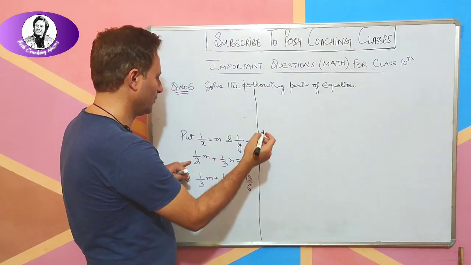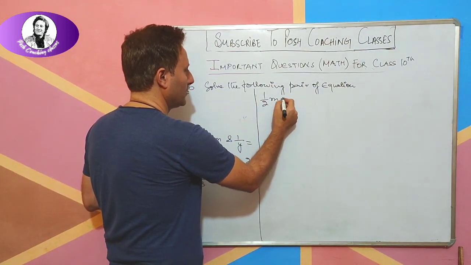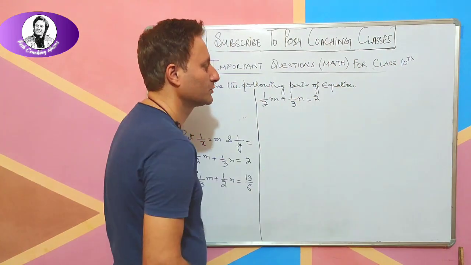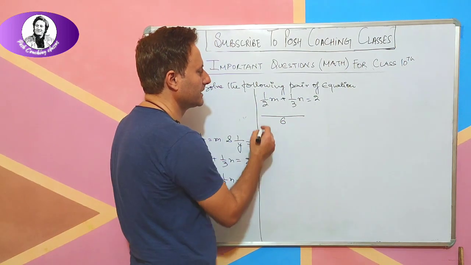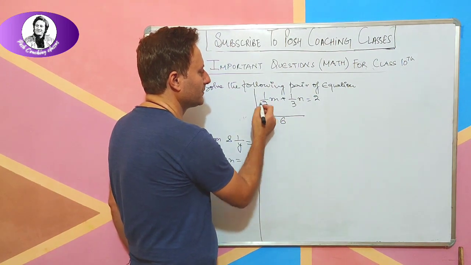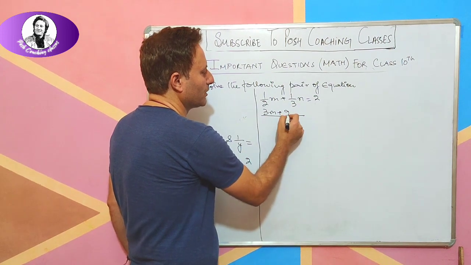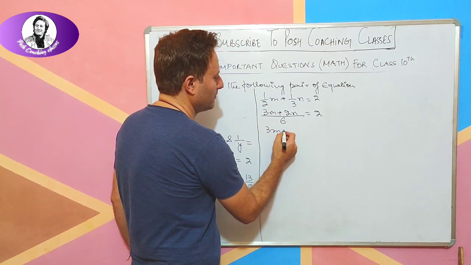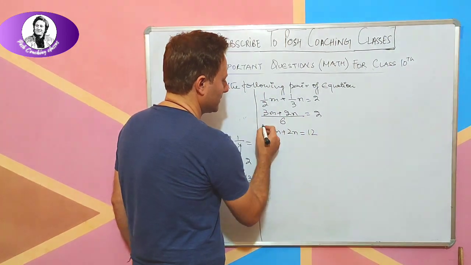Now, what do I have? I have first equation 1 upon 2m plus 1 upon 3n equals to 2. So we'll just solve this question. We'll take the LCM, that is 6, 2 into 3, 6, 3 into 1, 3n, plus 3 into 2, 6, 2 into 1, 2n, it is 2. This becomes 3m plus 2n is equal to 6, goes that side, it is 12.